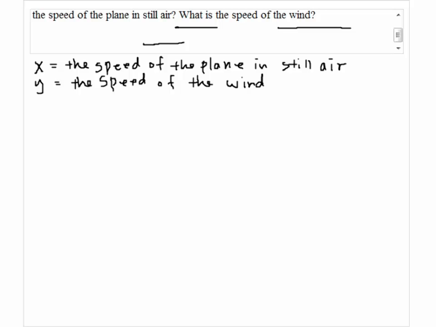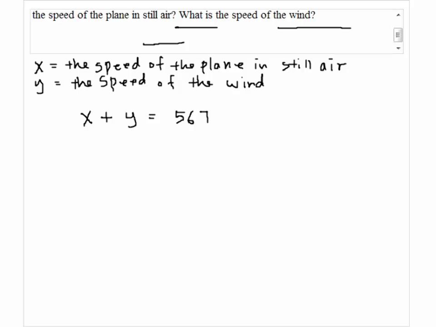Now let's look at the relationship between the wind and the plane. When the plane travels 567 miles per hour with the wind, the wind is helping the plane's speed. So the 567 is given by the speed of the plane added to the speed of the wind. So we have the first equation, which is x plus y equals 567.